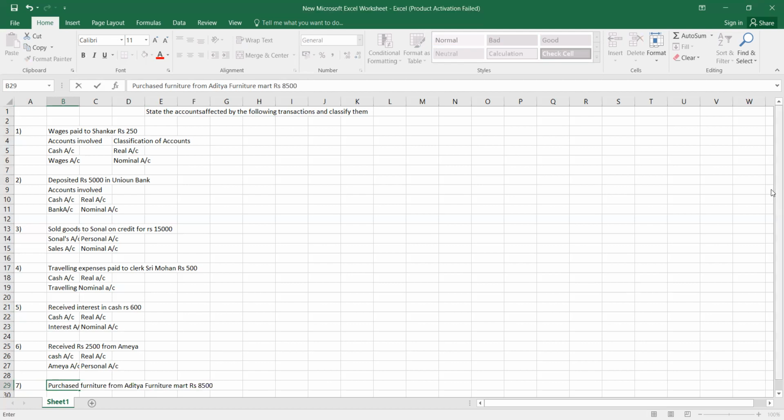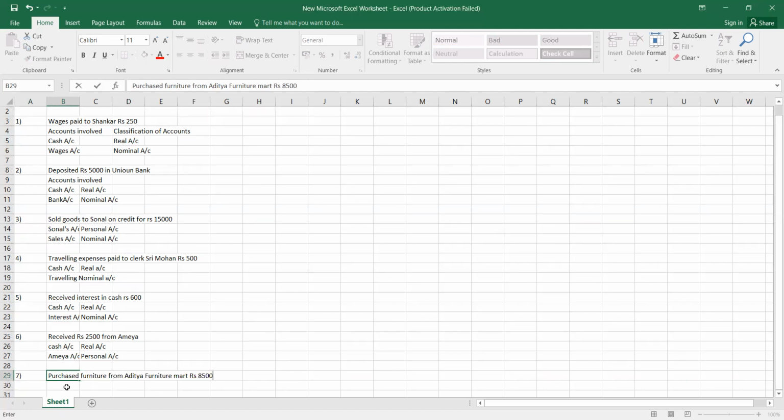Okay, now in this case, you have purchased furniture. Furniture has come into your business, so you will have furniture account. And from whom have you purchased this furniture? From Aditya Furniture account. Okay, so Aditya Furniture account is one account, and the second one is furniture.